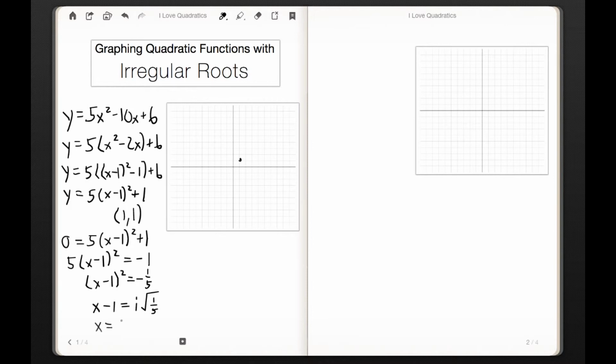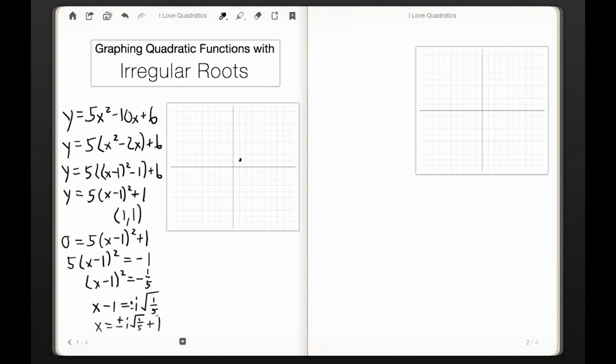The roots are actually going to be, don't forget the plus minus there, the roots we have i times the square root of 1/5 plus 1. So the roots here are imaginary.